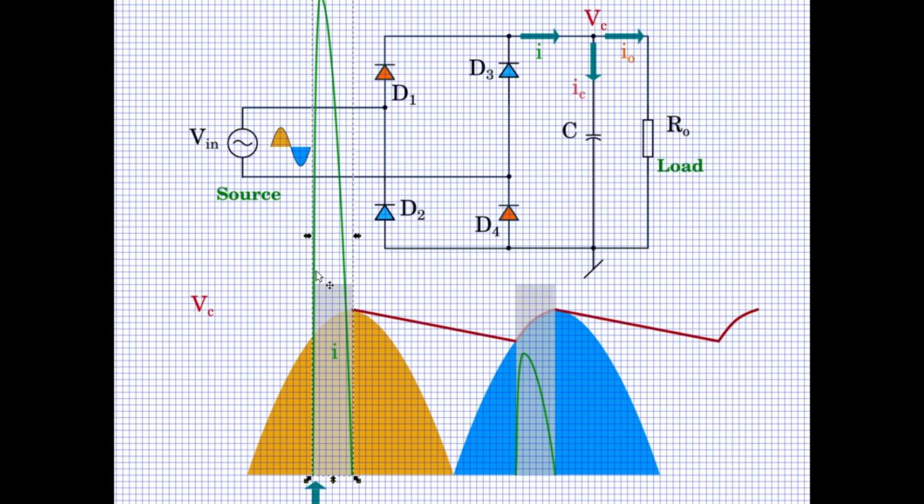But the effect would be that by the time the first cycle is over, the current will be so large that the devices, the diodes, may blow off. And once the diode is blown off, the rectifier circuit will not see the second half cycle at all. So it never even goes beyond the first half cycle. So it is very important that we limit the first current surge.